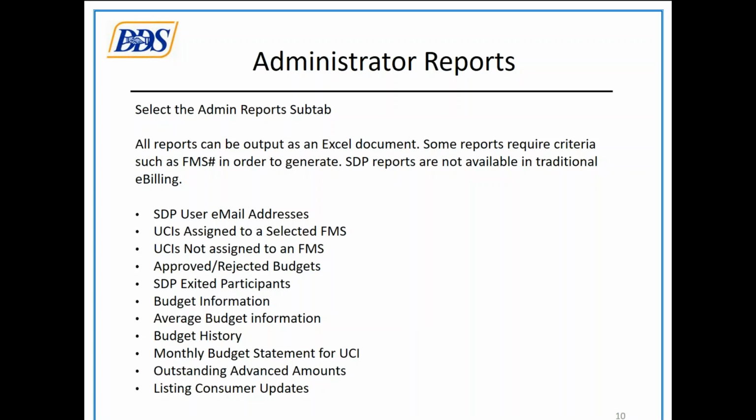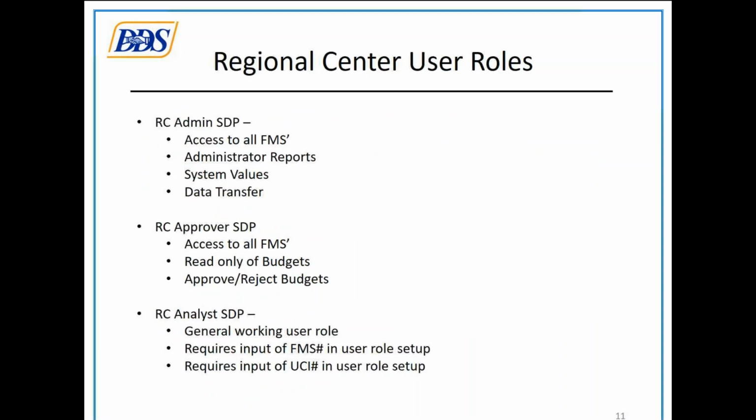I believe that is when new consumers are transferred into the system, you can run that report and bring up a list of the consumers that were transferred into the system, like the previous night or in the previous time period. So those are all available to the RC admin. They run in Excel, and hopefully they will make your jobs of tracking SDP a little bit easier.